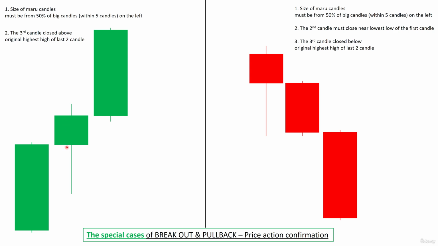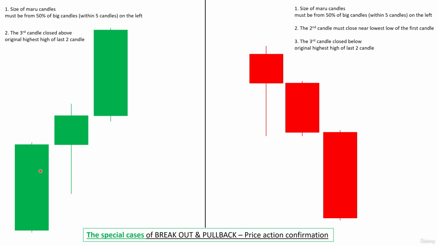But this time you can see that the lowest low of the second candle touches the middle price of the first candle. The special thing about this pattern is that the first candle can be failed and the second candle can be failed, which means you cannot use price action confirmation normally if you judge these two candles by our standards from before, right?